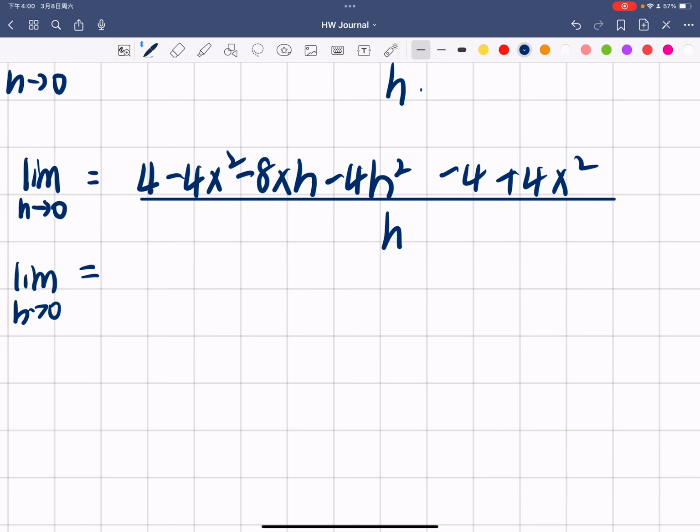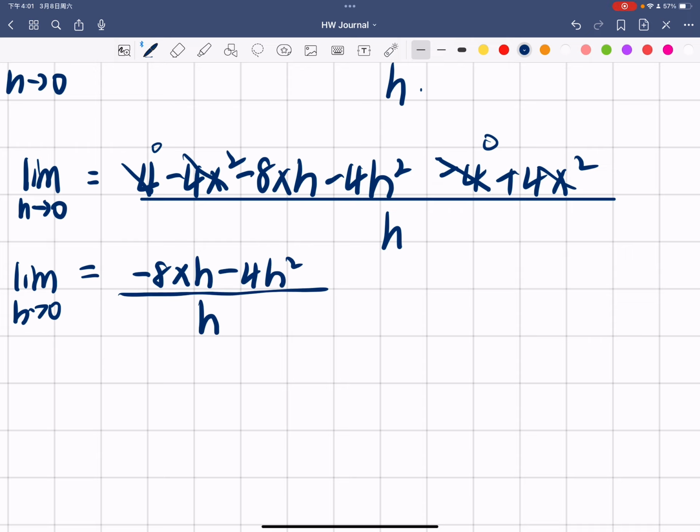Next, we're going to look for like terms and combine them. First, the constants are 4 and negative 4, so we add them together and get 0. Next is negative 4x squared plus 4x squared, which is also 0. So what we're left with is negative 8xh minus 4h squared over h.